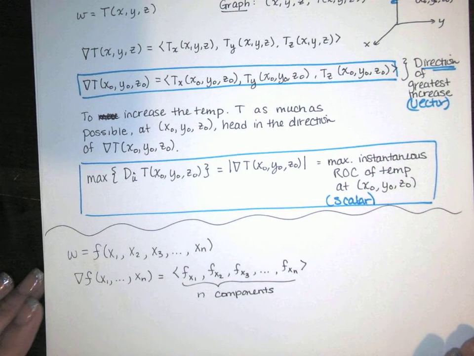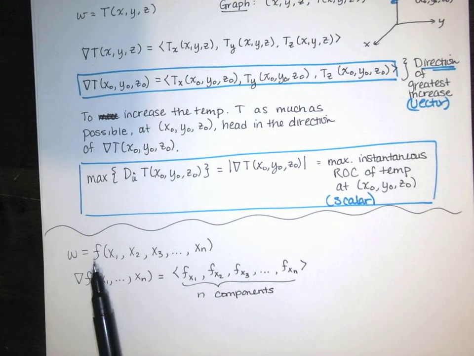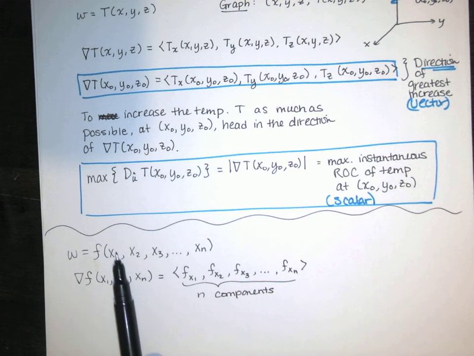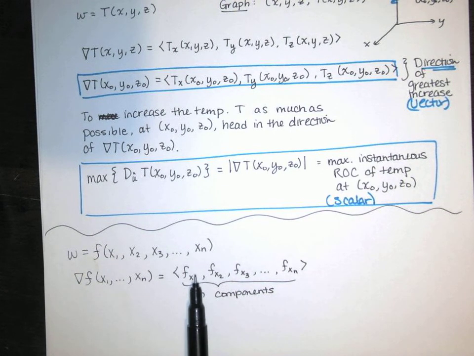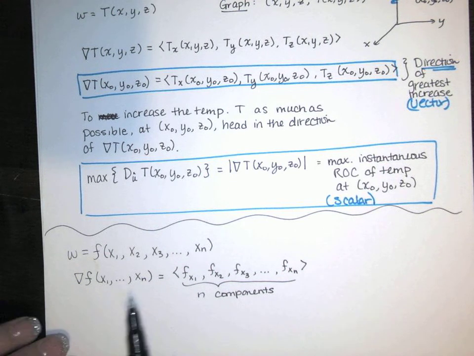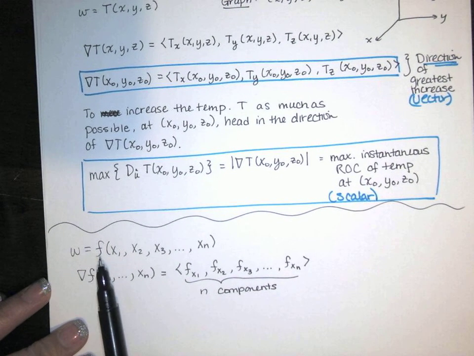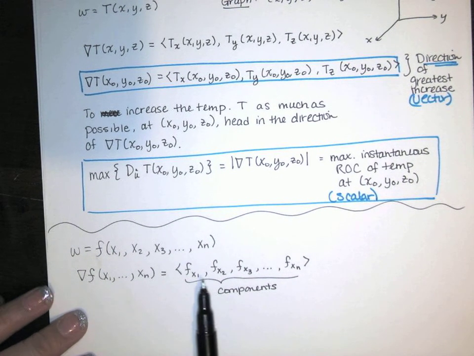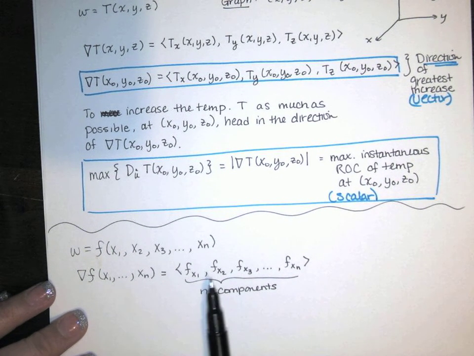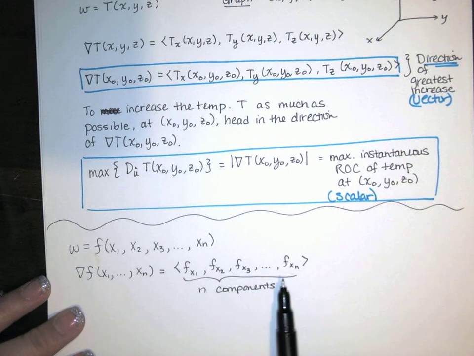Each one is a formula for the instantaneous change in f as the variable in the subscript changes by 1 unit, and all the other variables are held constant. Now, if I want to increase f as much as possible at a particular point, I evaluate this at a particular point.